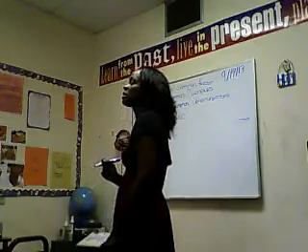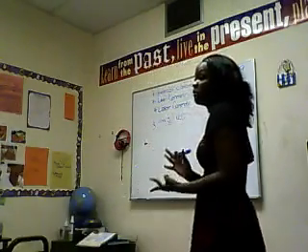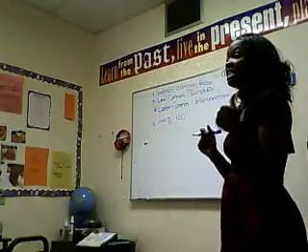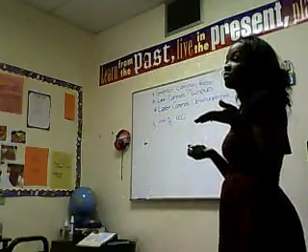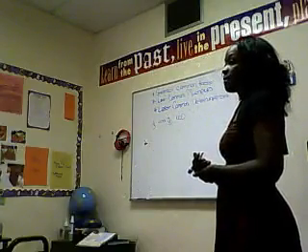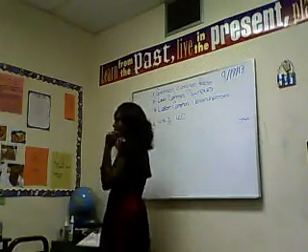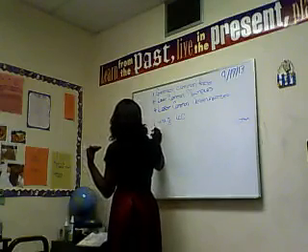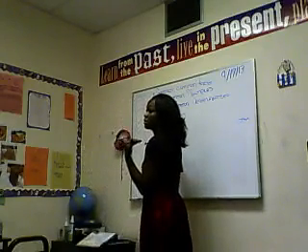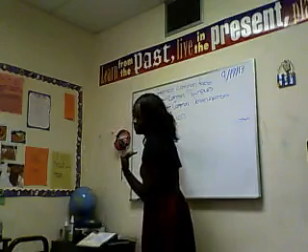Because if you're adding, subtracting, multiplying, or dividing, you need to find the least common denominator and then rewrite the fractions. So first you have to find the least common multiple of 3 and 5.